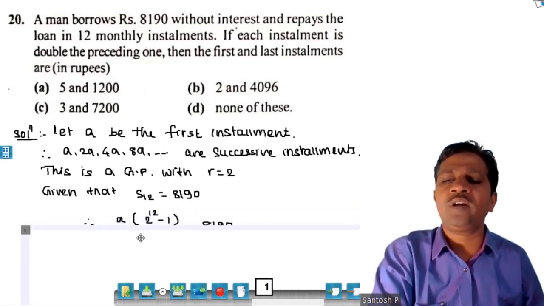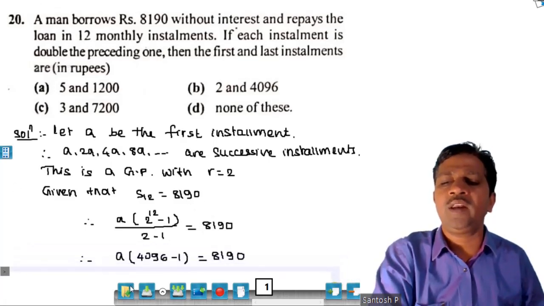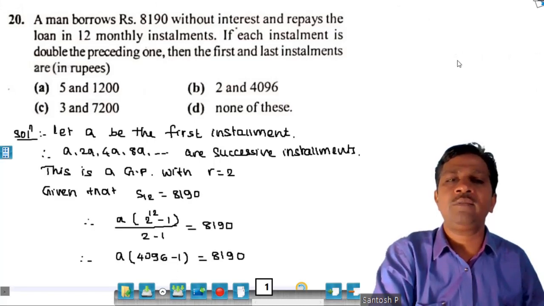So using that formula, I can write S12 to be A into 2 raised to 12 minus 1 upon 2 minus 1, and it is given to be this much. Performing these simple calculations, you will get A. So this is A into 2 raised to 12, which is 4096, minus 1. Dividing by this 4095 to the right side, you will get A equals 2. That is, the first installment is 2.